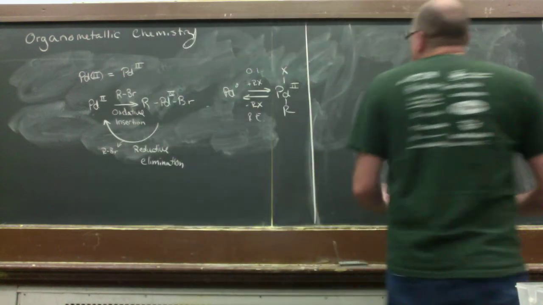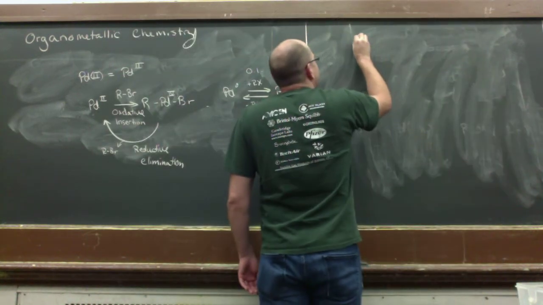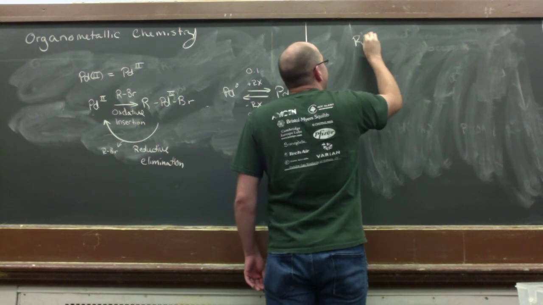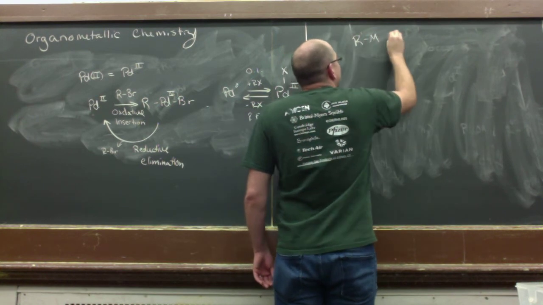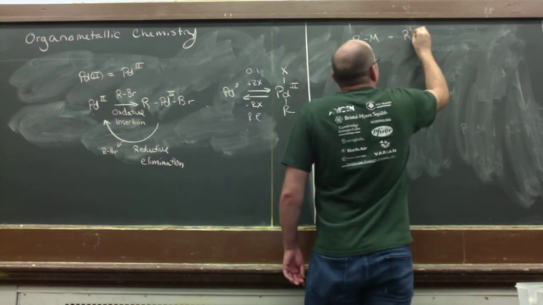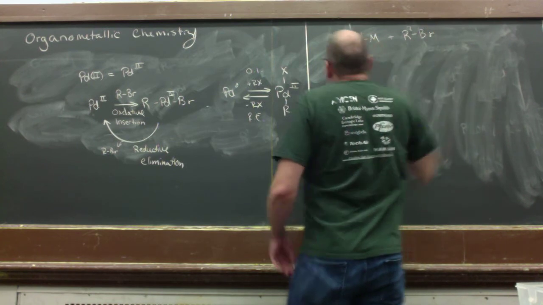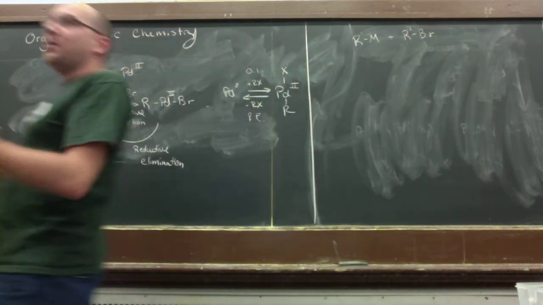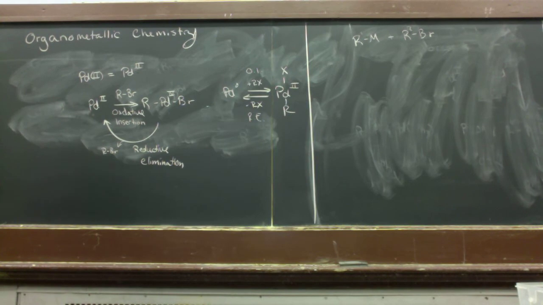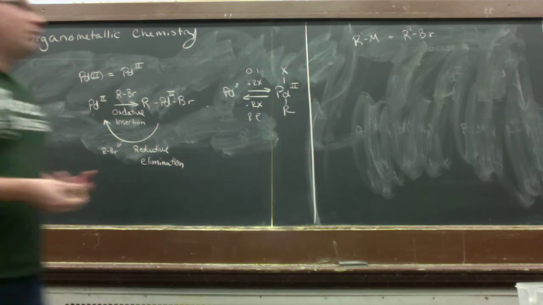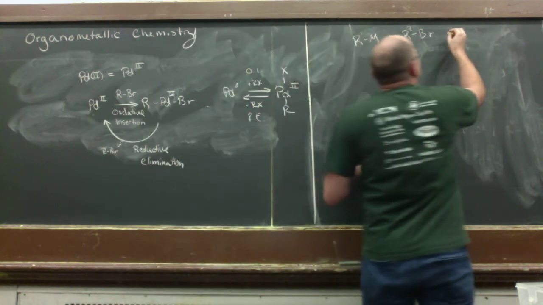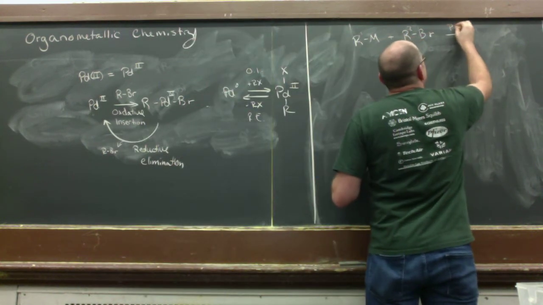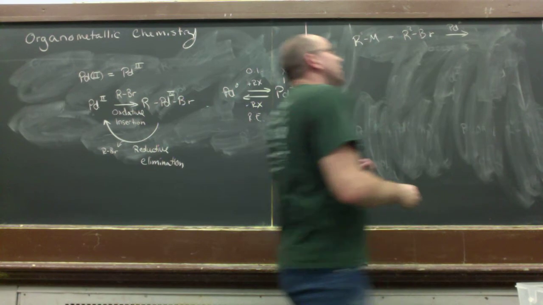Okay? And so it turns out that one of the things that you can do that's fairly common, there are many reactions that have this, right? If you take some type of alkyl metal, and we'll get into what those metals can be in a moment, and we treat them with an alkyl halide, right? And we then take this compound and treat it with a palladium catalyst, so in this case I'll just say palladium-0, okay?